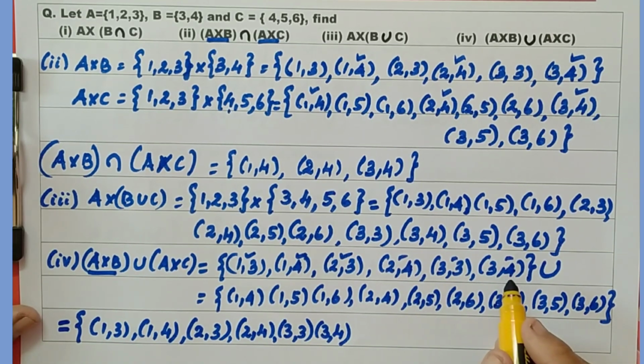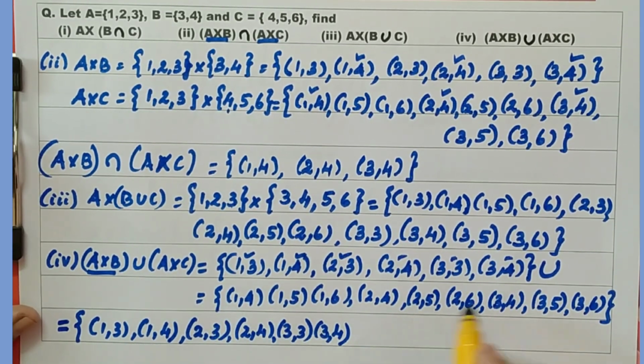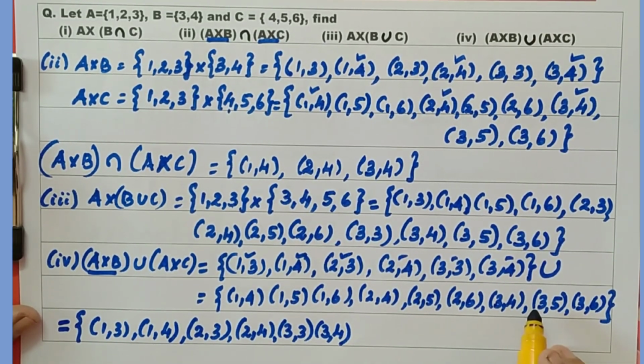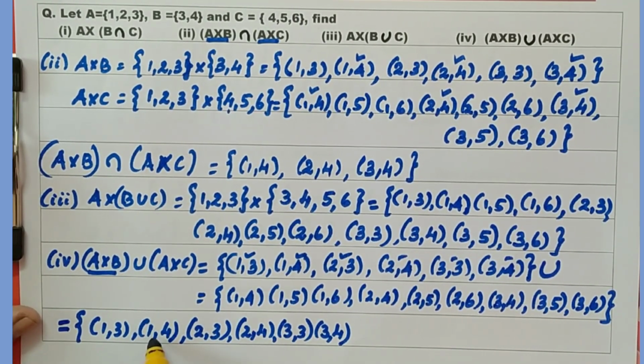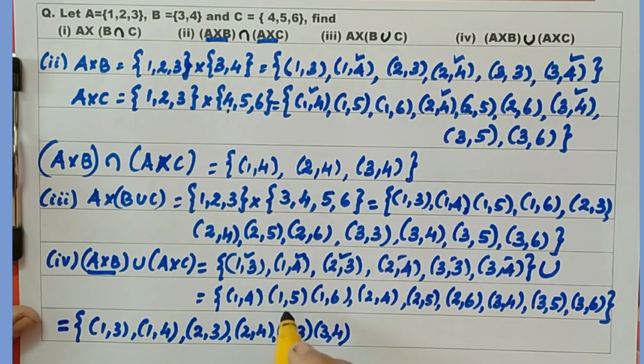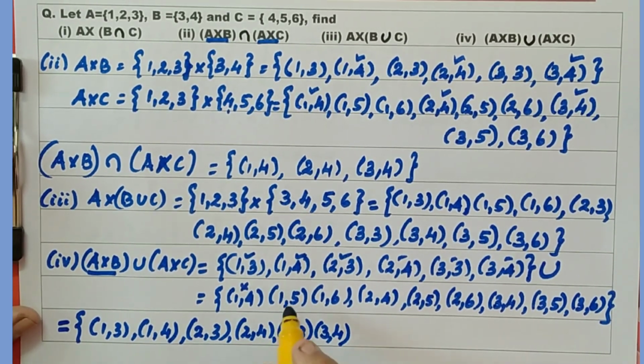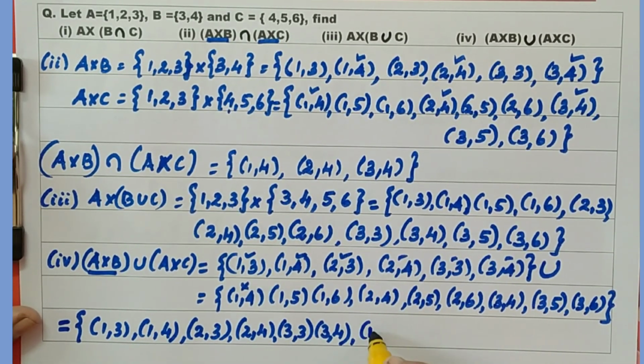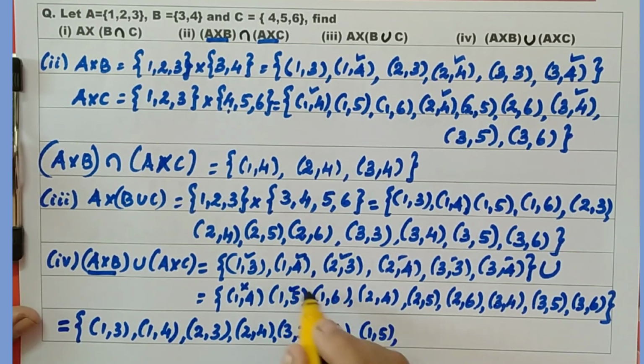But now you need to take the elements from the set A cross C, and repetition should not be allowed. (1, 4) is already written in this set. Then (1, 5) we need to write, (1, 6) also.